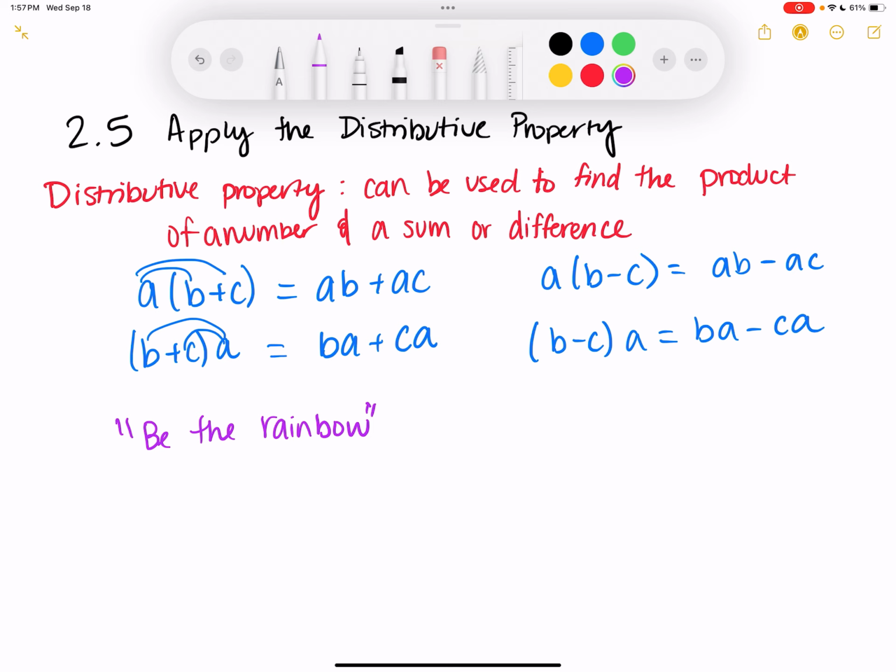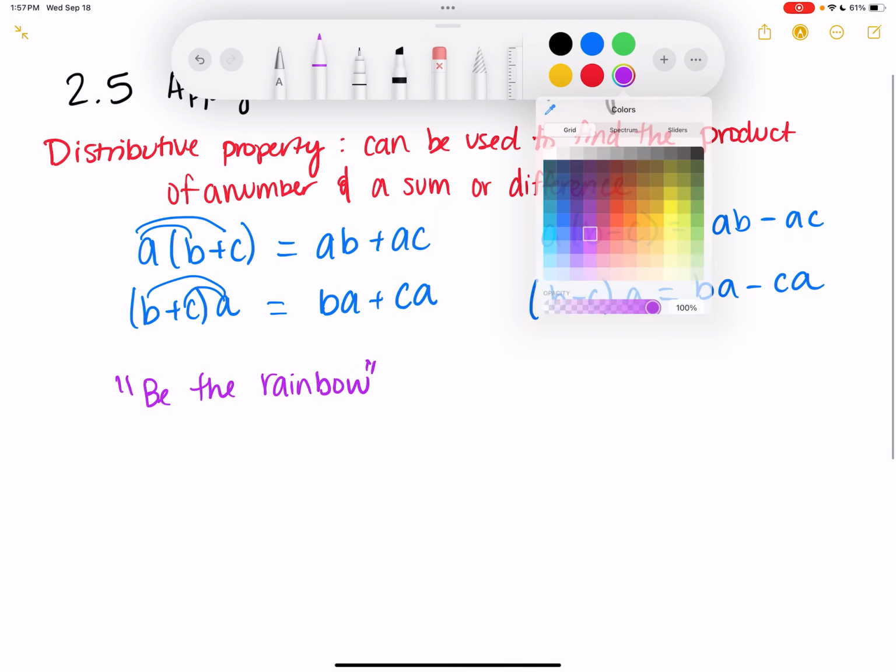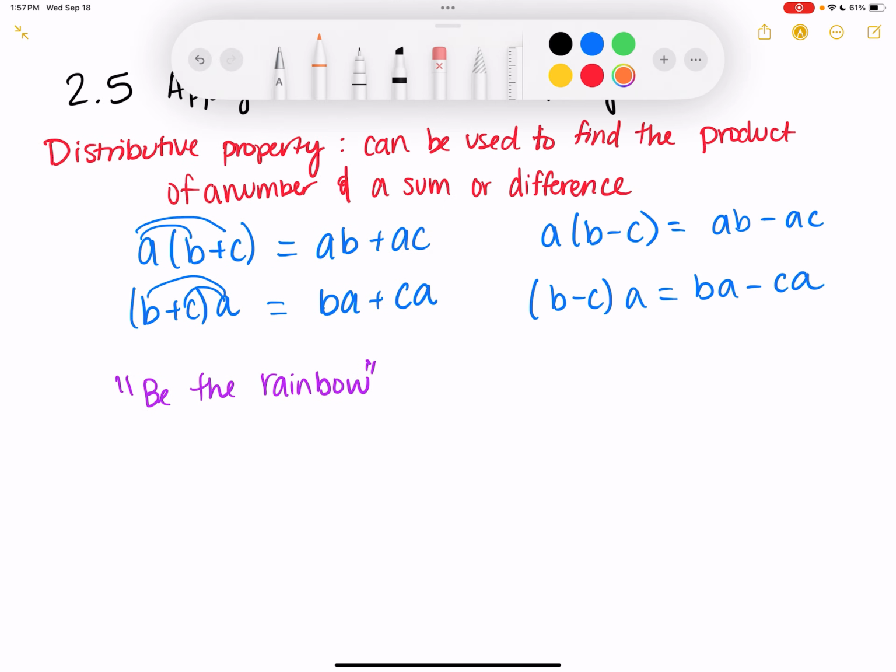A few definitions that kind of go in this section. Terms, we use that to explain the parts of an expression that are added together.